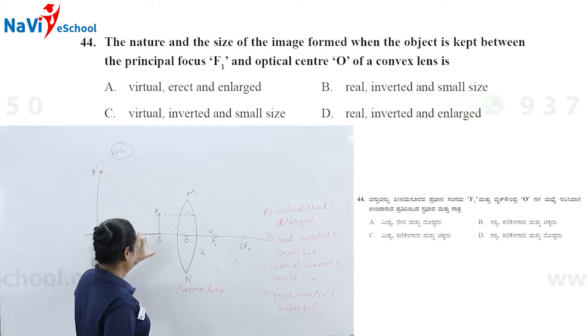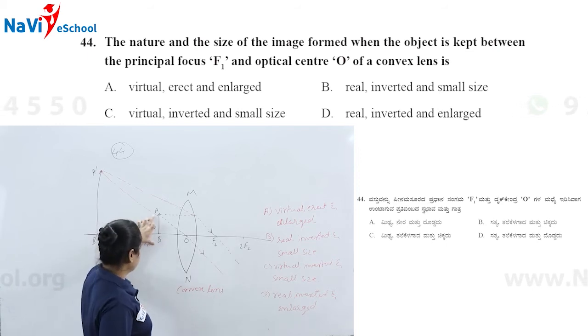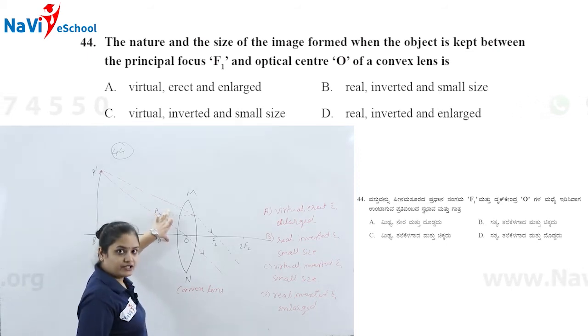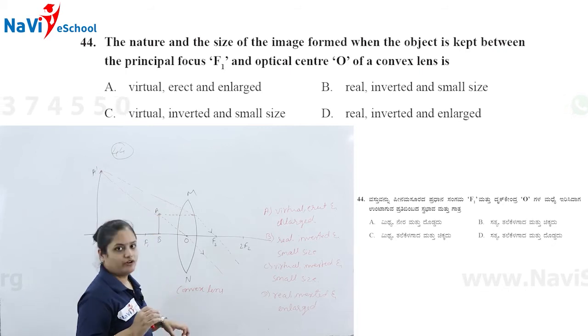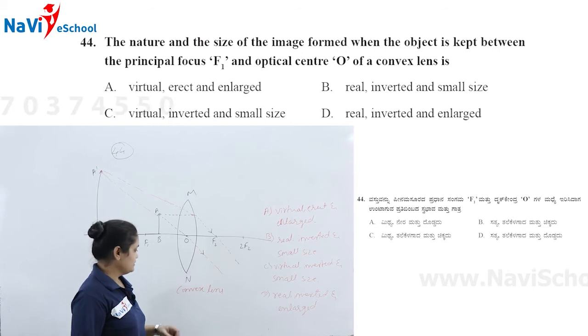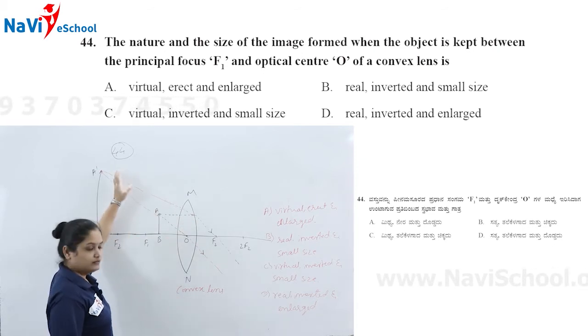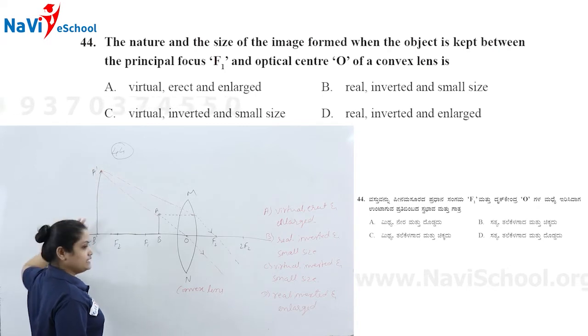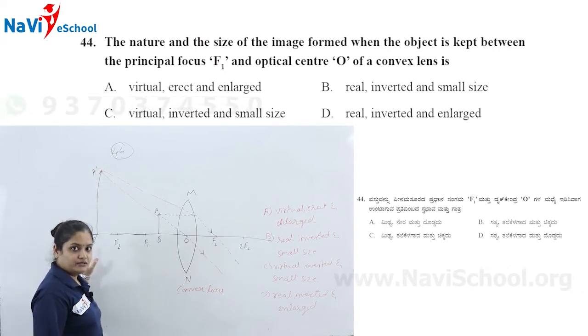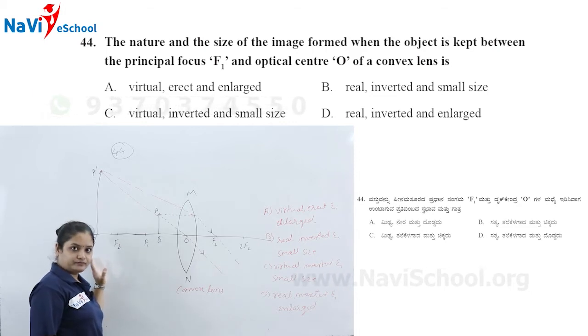If we place this one in between f1 and O, then how does the image form here if it is a convex lens? See the convex lens refraction, and you will get the image behind this f2.